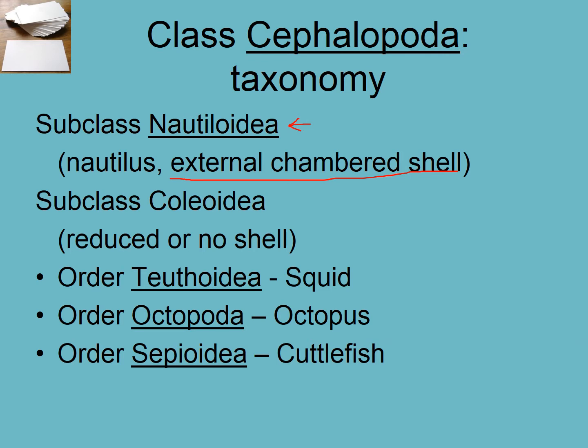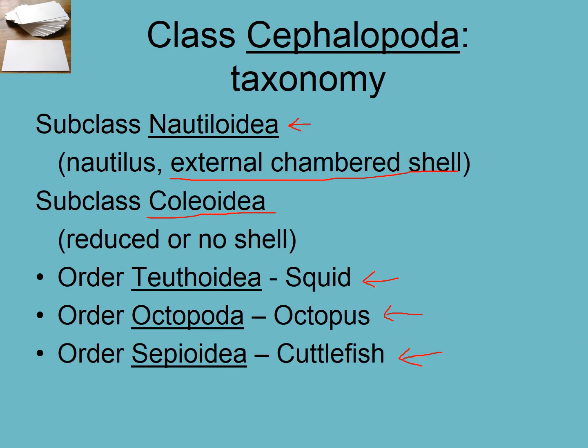Then you've got the Coleoidea, which have either no shell or an internal shell that's reduced. So we have squid that have hooks on their tentacles, and they have 10 tentacles. Octopus with 8 tentacles, and cuttlefish with 10 tentacles as well.